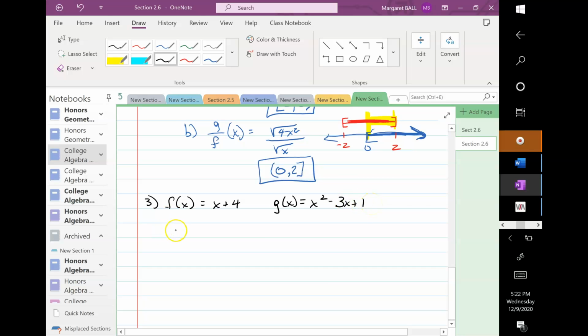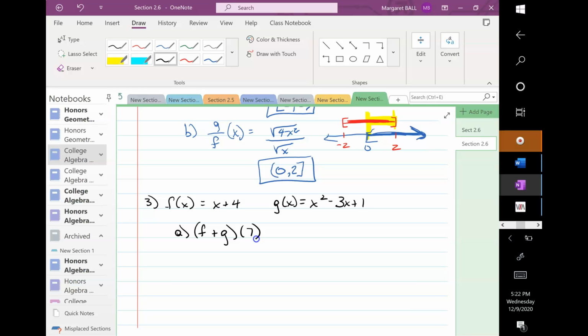And you're asked to find part A, f plus g of 7. Okay, you can do this the hard way or you can do this the easy way.